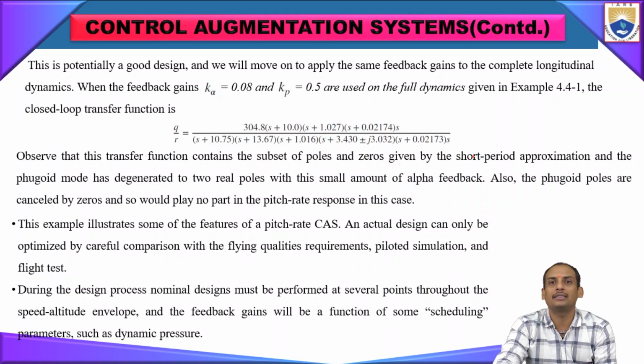This transfer function gives you the subsets of poles and zeros given by the short period approximation, and the Phugoid mode was degenerated to a real pole with this small amount of alpha feedback. Also the Phugoid poles are cancelled, so they would play no part in the pitch rate response in this case.